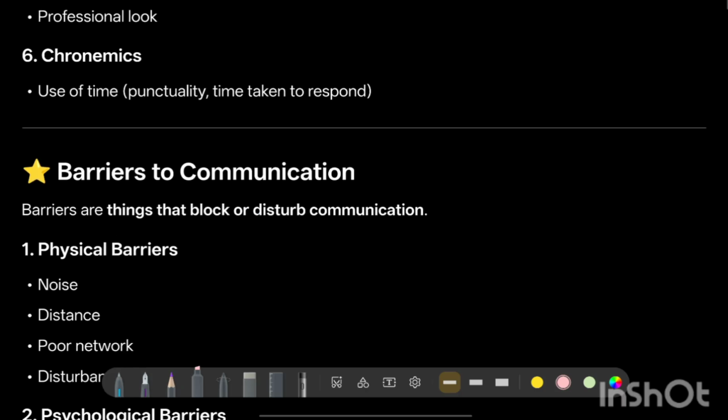So now let us see chronemics: use of time, punctuality, time taken to respond. This is really important. Chronemics is how punctual you are in your communication. Let us take an example in a meeting.